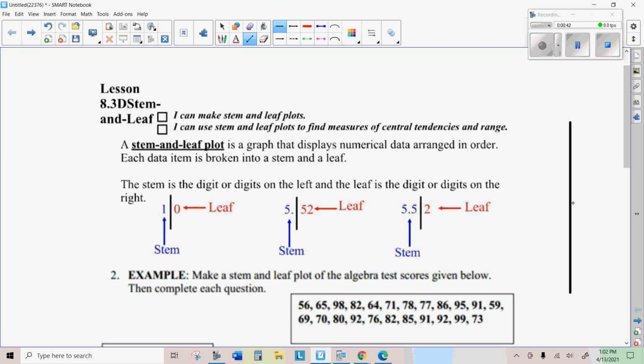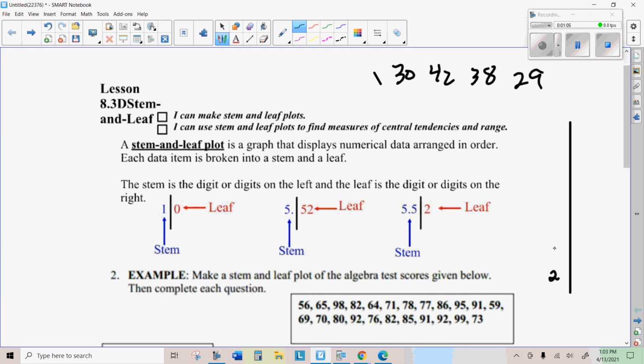Let's say I have these numbers: 30, 42, 38, and 29. What I would do is put on the left side the tens digits, so the 2, the 3, and the 4.